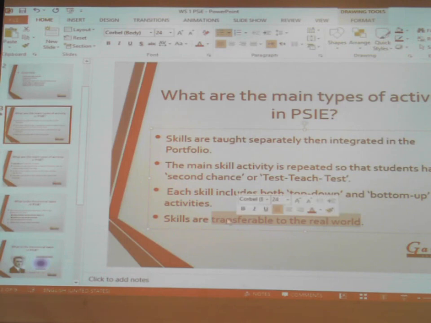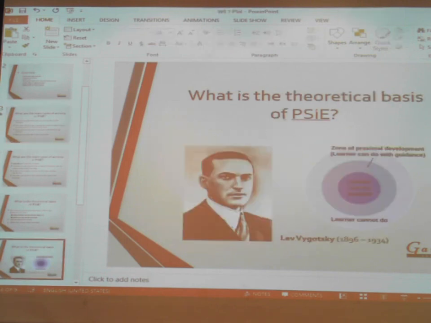Now, one important theoretical basis, and this is the authors' adaptation. They chose this theoretical framework among others, like Noam Chomsky's, for example, in order to base and structure their exercises. What is that? It's called the zone of proximal development.